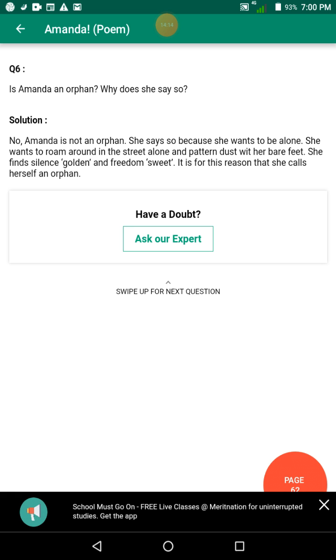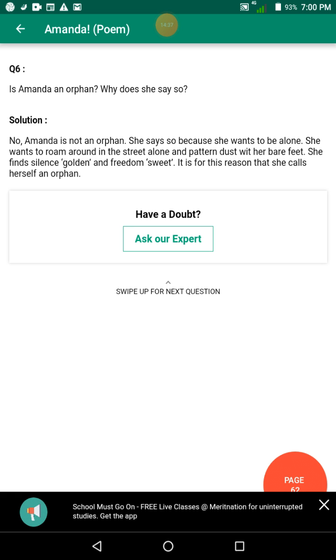With her bare feet. She finds silence golden and freedom sweet. Silence is compared to golden and freedom is compared to sweet. It is for this reason she calls herself an orphan. Okay, what she wants is to be alone.